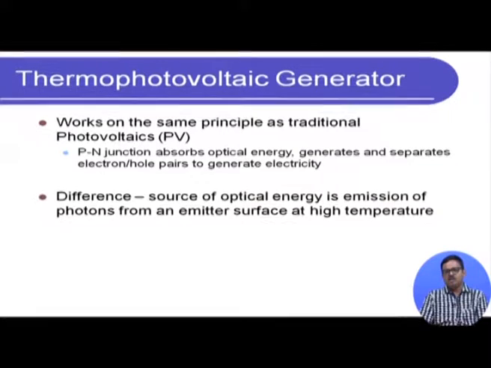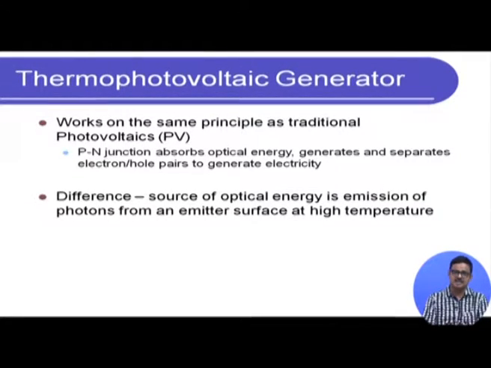So, here also we have a certain material or a surface which is an emitter. Okay. Similar to thermionic, in thermophotovoltaic also we have an emitter. Here also we have to heat it up to sufficiently high temperature. Okay. But what is the difference here?